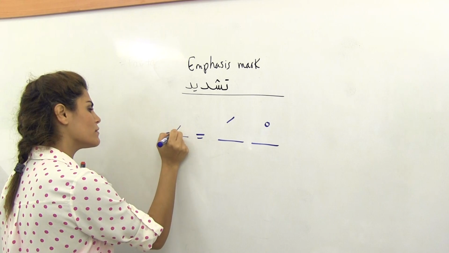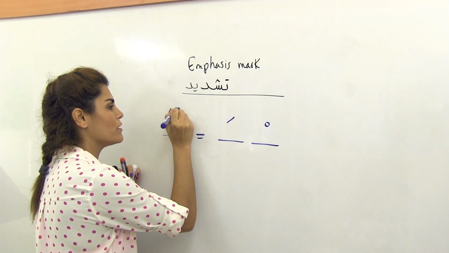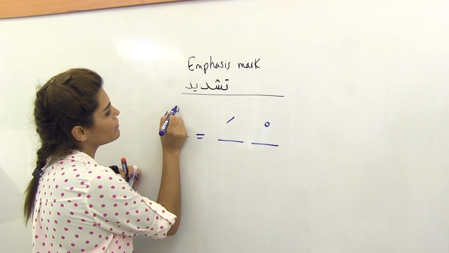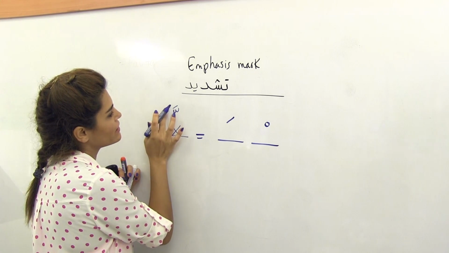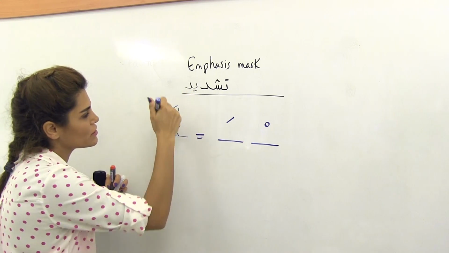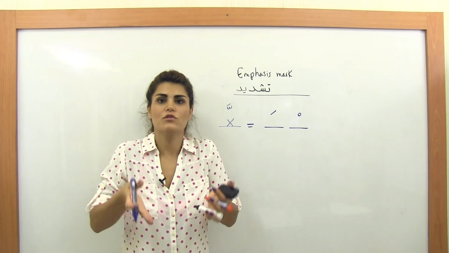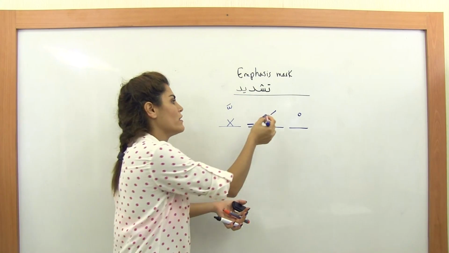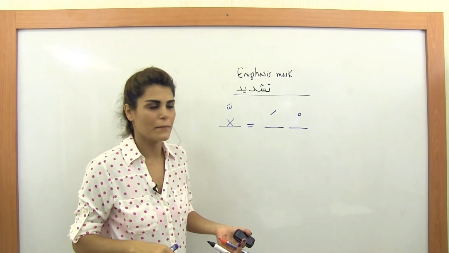You put the letter and you put on the top the three that I told you about, with the fatha on the top. The shaddi carries the second vowel, and it means you're stressing on the sound of the letter along with the sound of the vowel. So this is shadda with fatha.